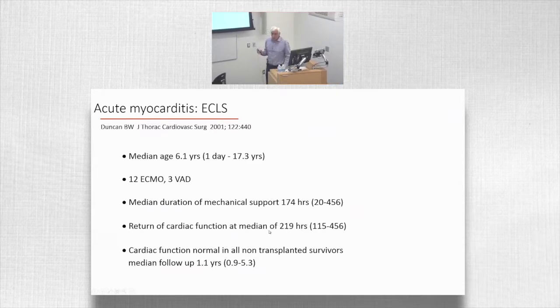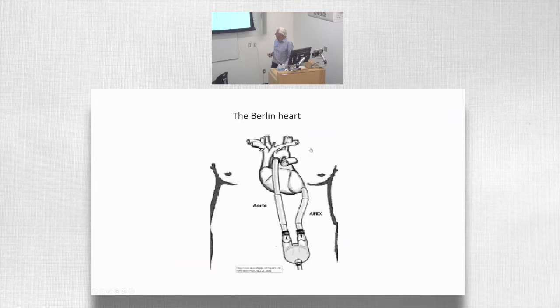So this is a primary therapy with an overall very good non-transplanted survival. So again, this opens new vistas of support for patients with severe heart disease. And I think we're all familiar with the Berlin Heart now, which is the technique that we deploy primarily for patients who are going to need long-term cardiac support for either myocarditis or cardiomyopathy.